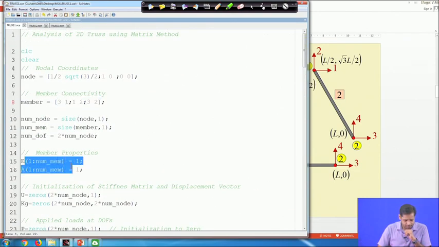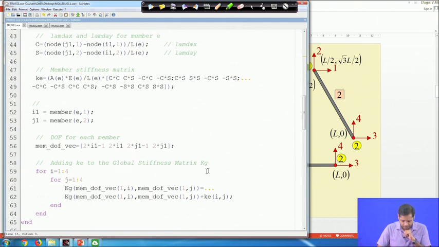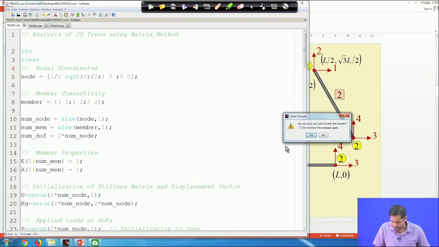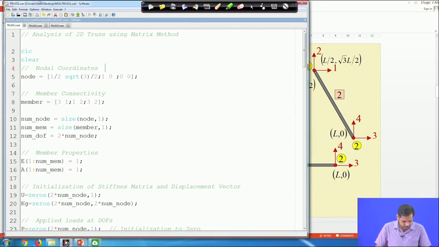We have the Young's modulus and the area, and let us solve this. If we press F5, it gives you the solution. So, this is solved.